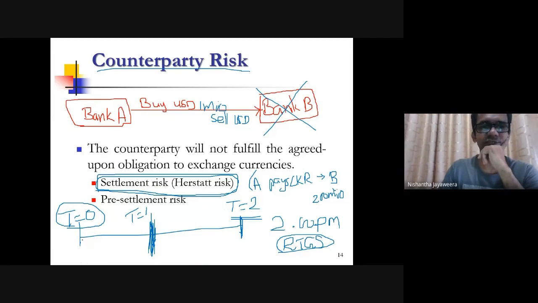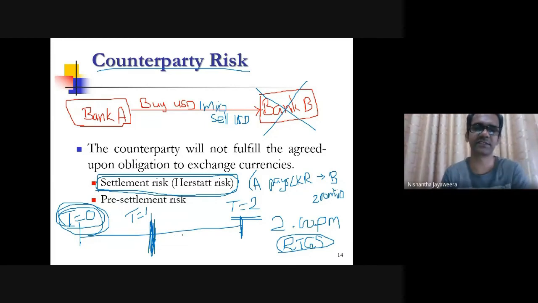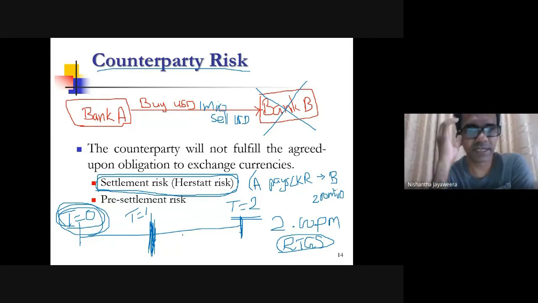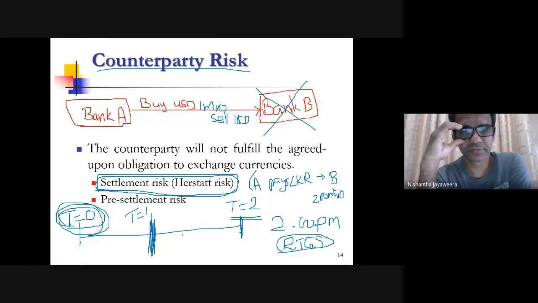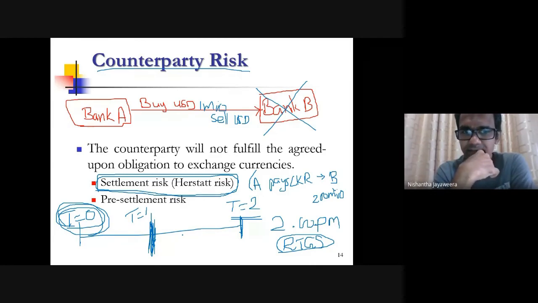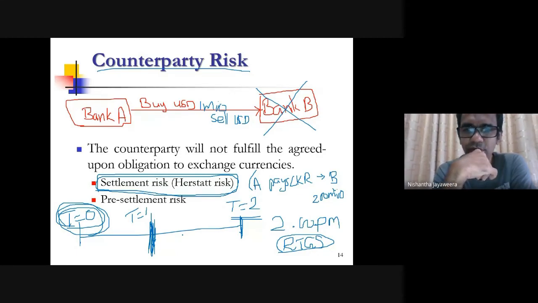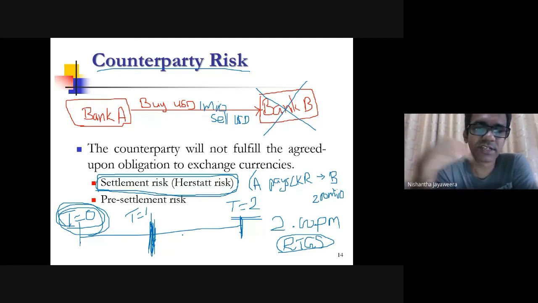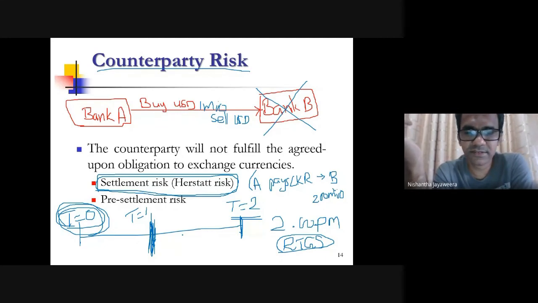Is there any risk to these parties, those who have entered into a transaction with Herstatt to be settled on the next day but not yet settled? Is there any risk? Yes. Now you know for sure your transaction is not effective. You won't get that money.